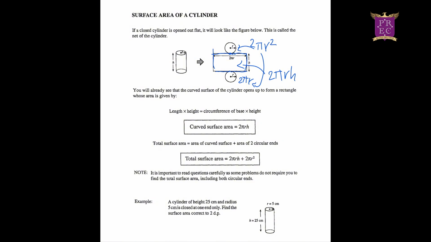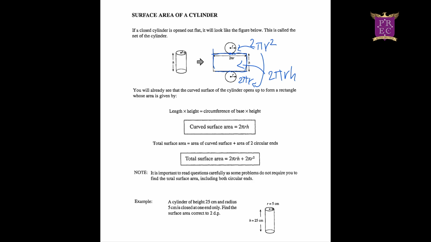Because we have 2 circles and we're just looking for the area of those 2 circles. Area of one circle is pi r squared. The area of 2 circles would give us 2 pi r squared. Now we need to put these 2 expressions together.